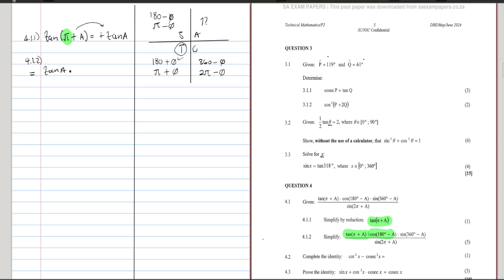In the second quadrant only sine is positive, so cos is going to be negative, so it's negative cos a, multiplied by sine(360 minus a). It's in the fourth quadrant, and in the fourth quadrant it's only cos that is positive, so we have that.